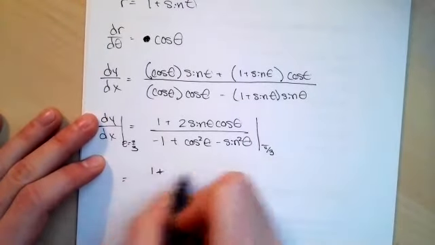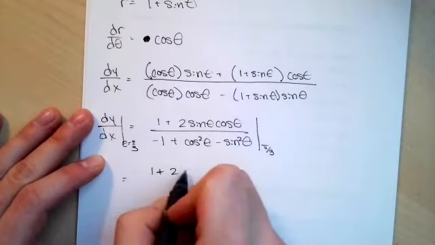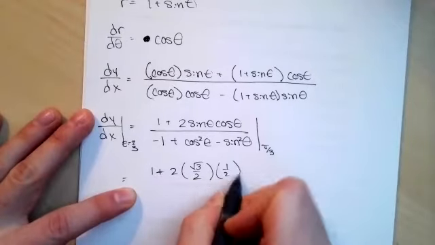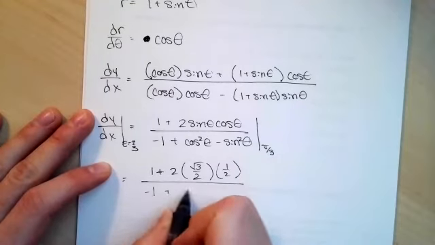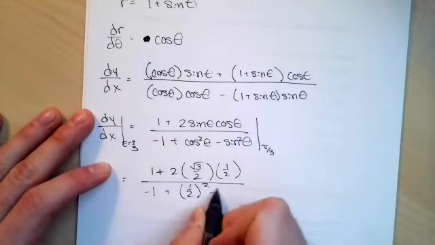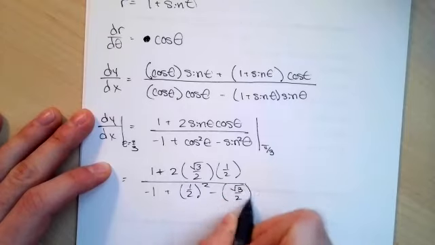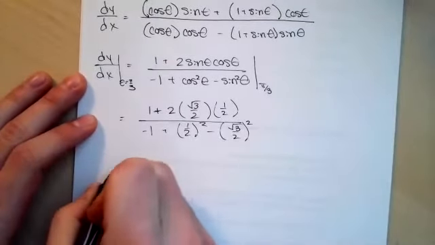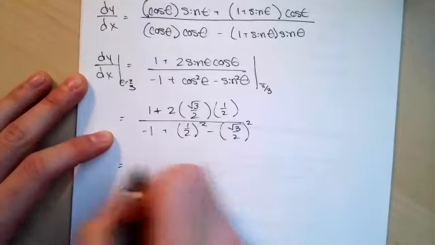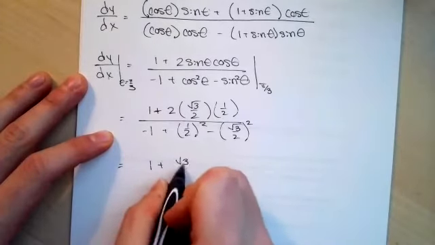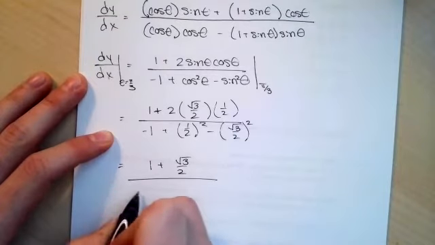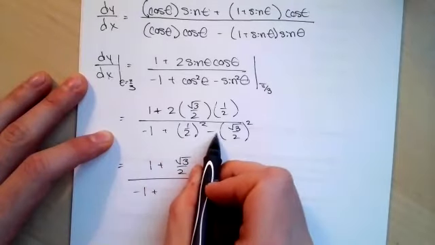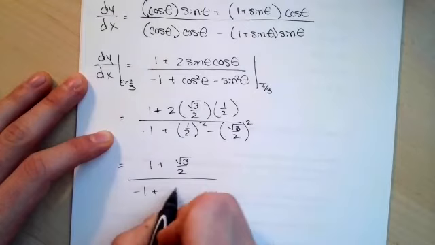So 1 plus 2 times sine of pi over 3, where sine is root 3 over 2 and cosine is 1/2. Let's see. So we've got one factor of 2 canceling. It looks like a 1 plus root 3 over 2, divided by minus 1 plus, looks like I'm seeing 1 minus 3, so negative 2 over 4.